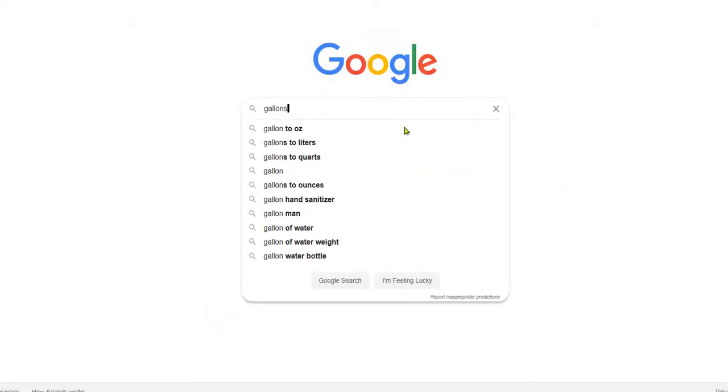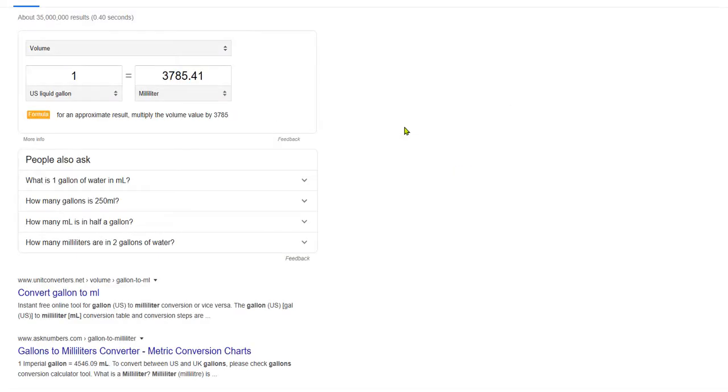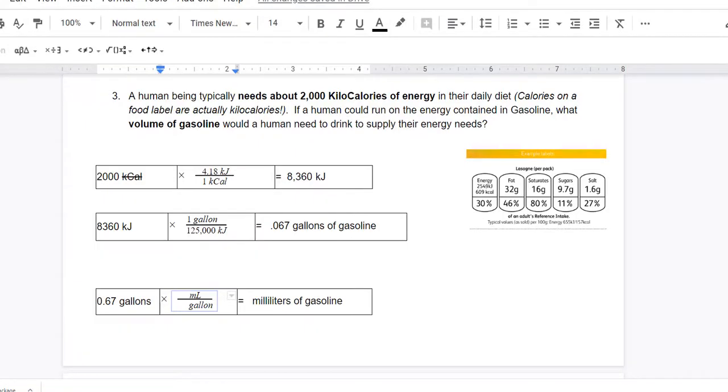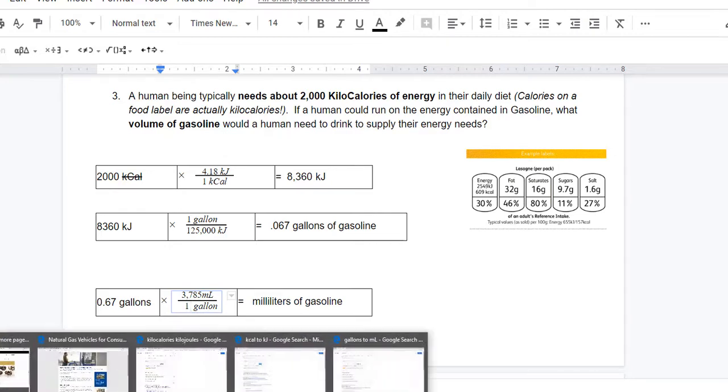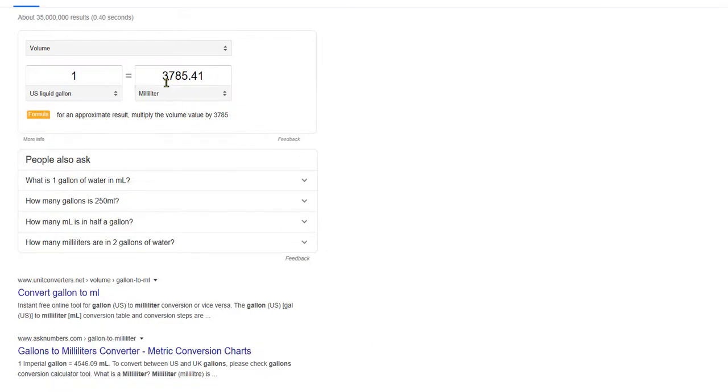Gallons to milliliters. Boom. All right, once again, we will round, but 1 gallon is 3,785 milliliters. Back to the document. 3,785 milliliters is 1 gallon. Check, make sure I didn't lie. 3,785, 1 gallon.